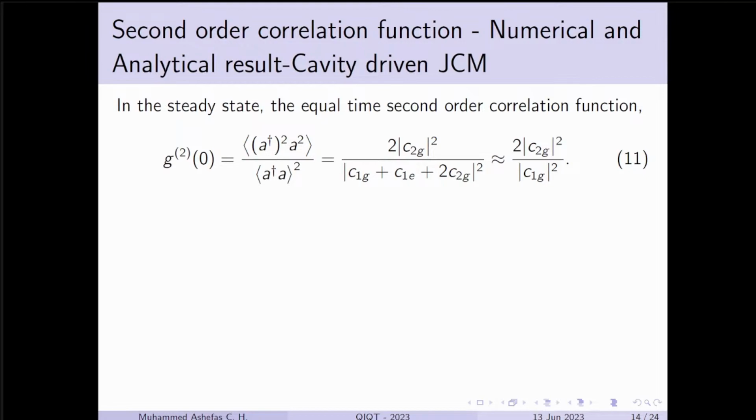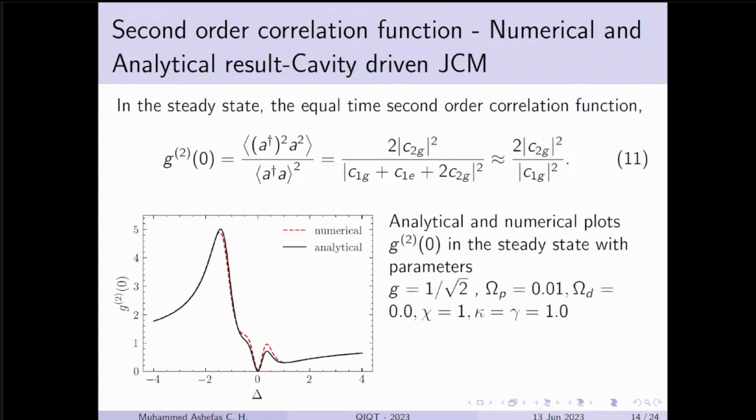Now the same thing can be calculated numerically as well. In order to compare our numerical and analytical results, we have considered a special case of only the cavity field driven. The driving strength of the qubit field, omega d, I have assumed to be 0, and the cavity field omega p is assumed to be 0.01.